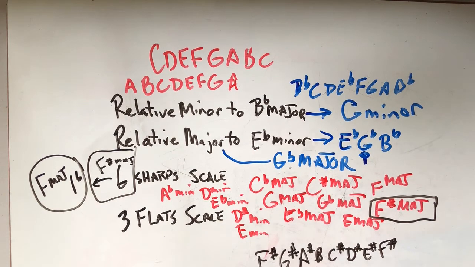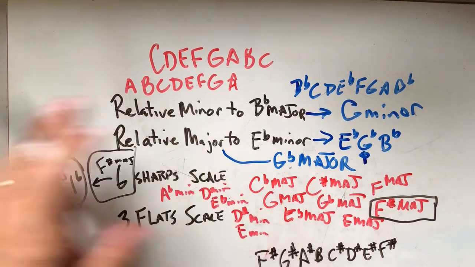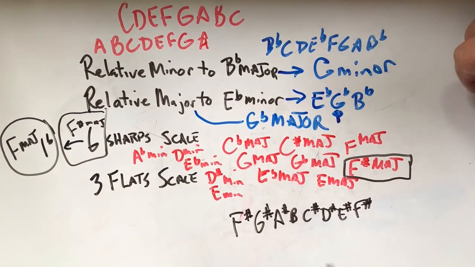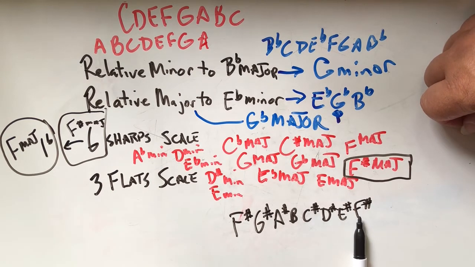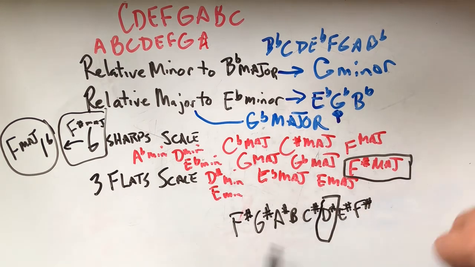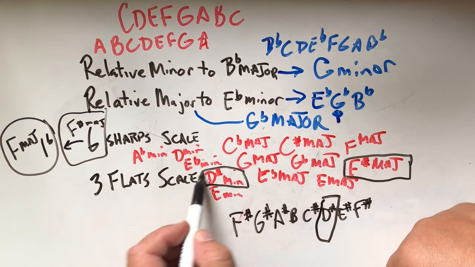So this is my major scale. And if I want to see the relative minor that has the exact same key signature or number of sharps, then I start on note number 1 and I go back to 6. So 1, 7, 6. So the answer, in addition to F sharp major, is also D sharp minor.